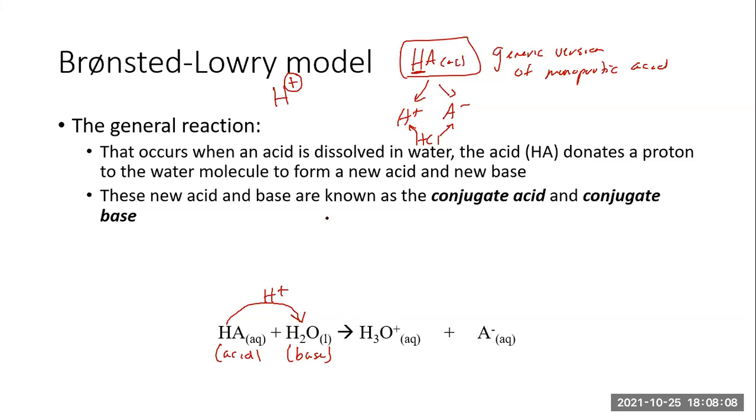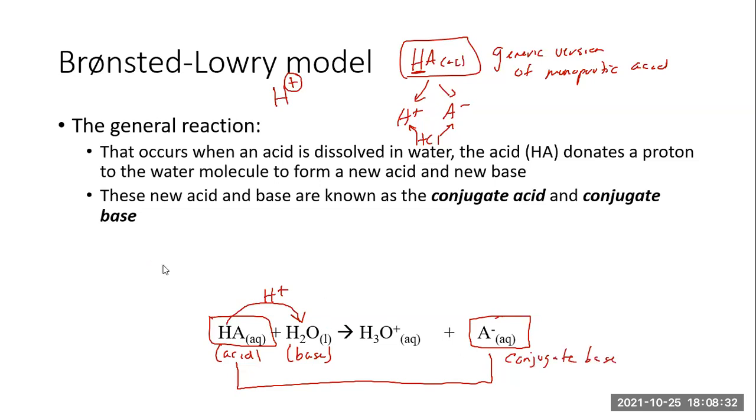We see things that are related to each other. So when that acid, that HA, donates its H plus over, it becomes A minus on the right-hand side. And A minus is what is known as its conjugate base.